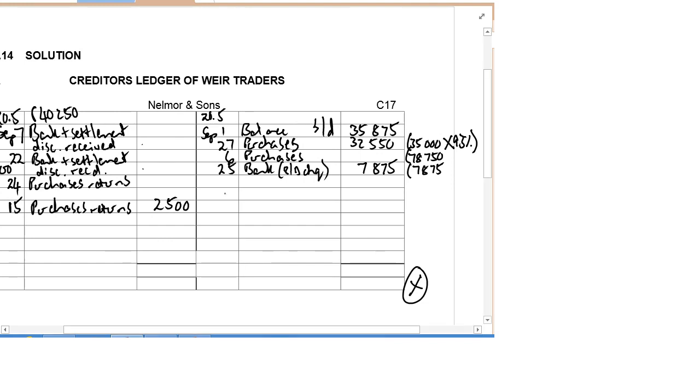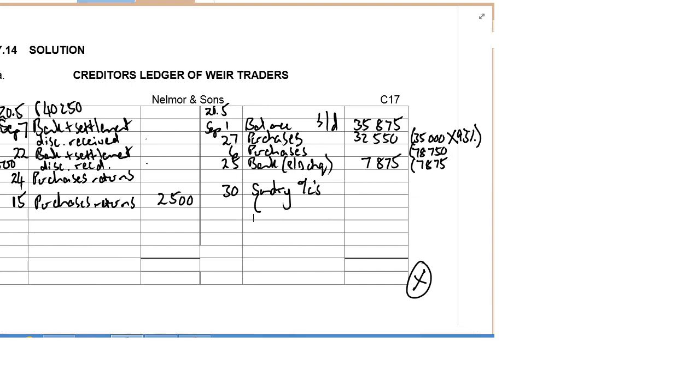What we do with journal debits and credits is we just add up the total amounts. We add up the totals and we're going to be debiting sundry accounts and we are going to be crediting the creditors accounts in the creditors ledger, and the first amount is 175.